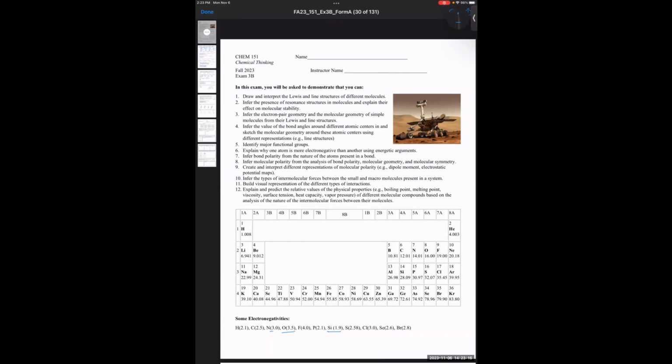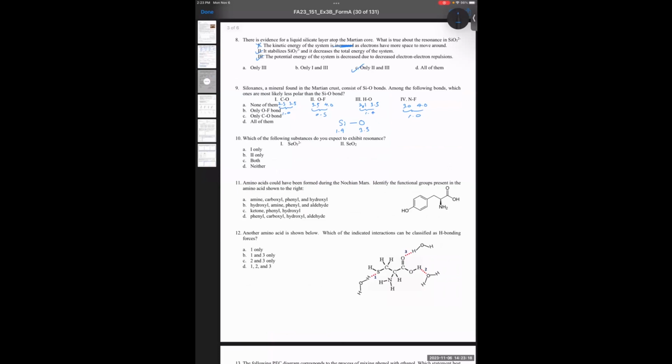And then for silicate, the SiO bond, the electronegativity difference is 1.6. So SiO bond seems to be the most polar bond based on the electronegativity difference, because we know the bond polarity depends on the electronegativity difference.